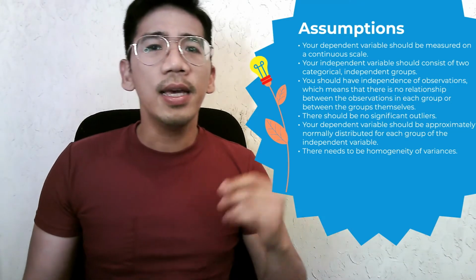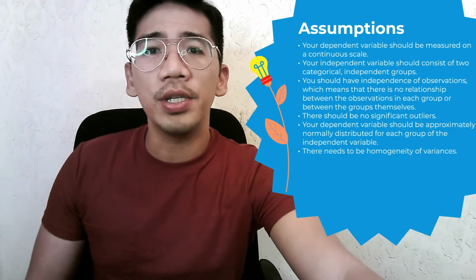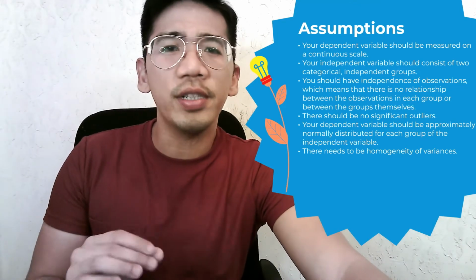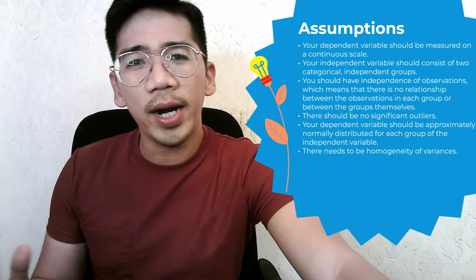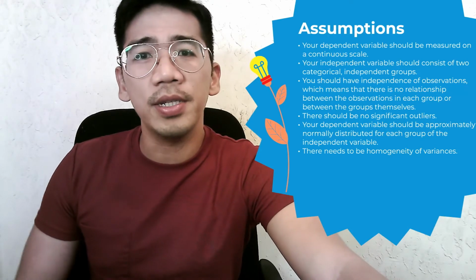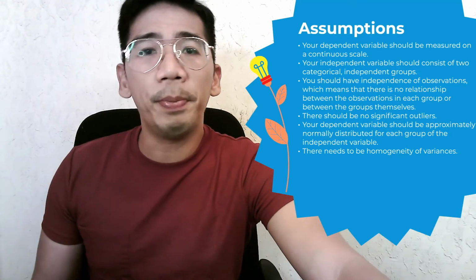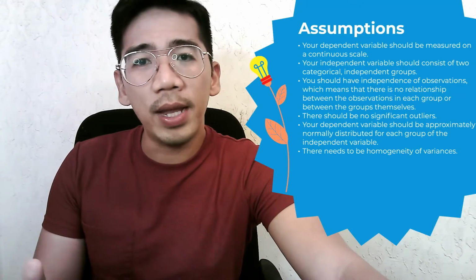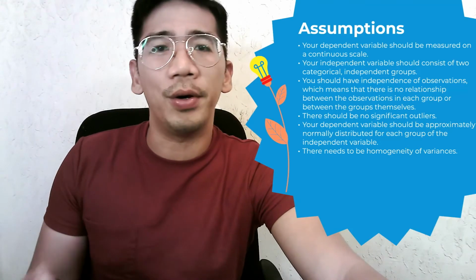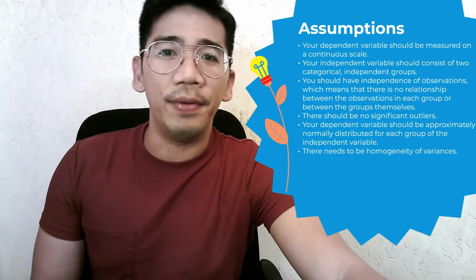In practice, checking these 6 assumptions just adds a little bit more time to your analysis, requiring you to click a few more buttons in SPSS Statistics, as well as thinking a little bit more about your data, but it's not a difficult task.